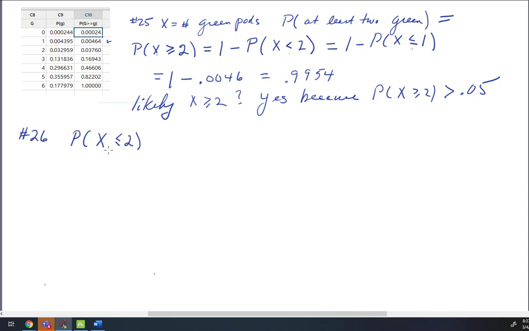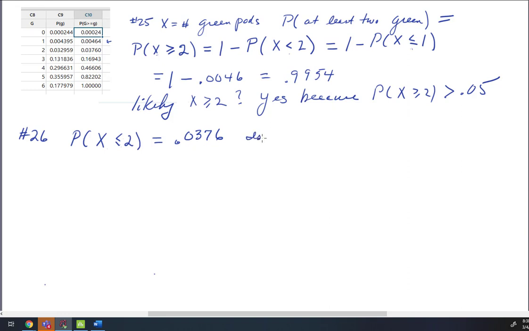At most 2 green pods would be X not less than, but less than or equal to 2. And this would be equal to, well, that's an easy one. X less than or equal to 2, I would find 2. And in the cumulative column, I see we've got 0.0376. That's the probability X is less than or equal to 2.